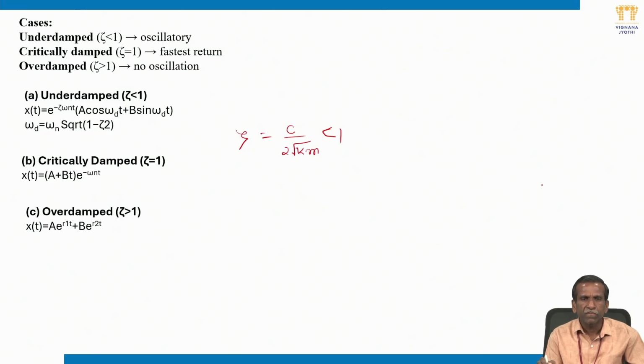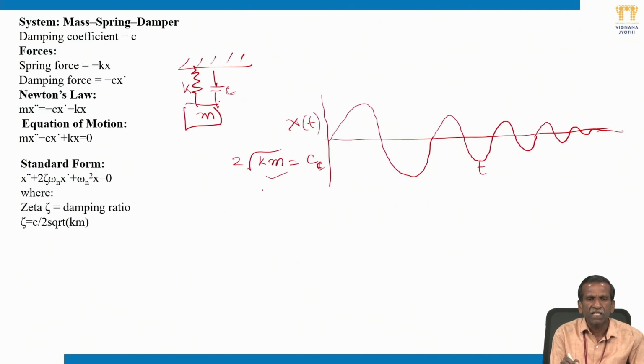So how do we know that under the damped condition the solution is in this form? Because this is a second order linear differential equation: x double dot plus 2 zeta omega n x dot plus omega n square x equals 0.